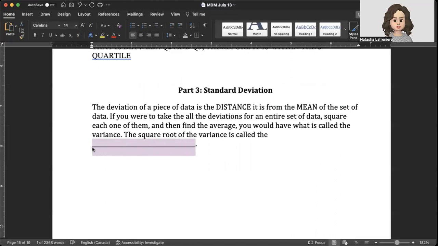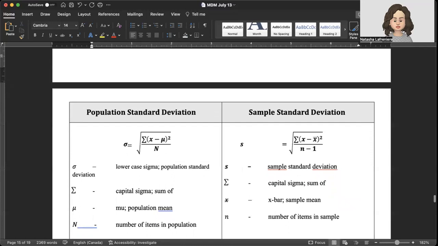The square root of the variance is called standard deviation. So, in other words, you square each deviation, you find the average, and then you square root that number, and it gives you the standard deviation.